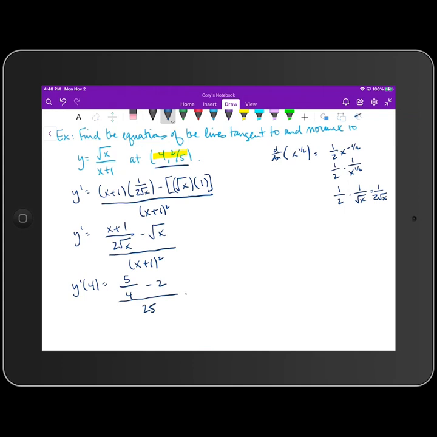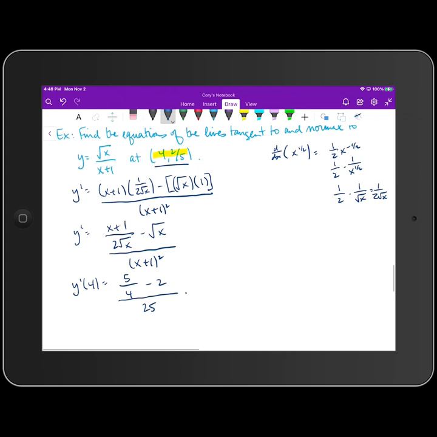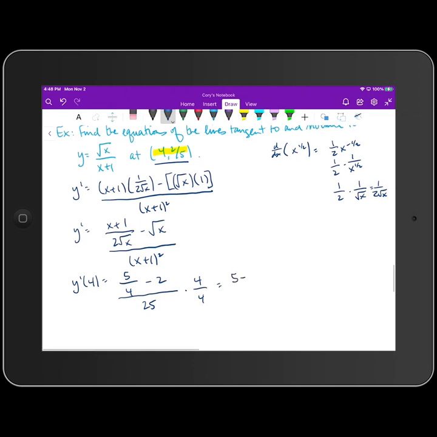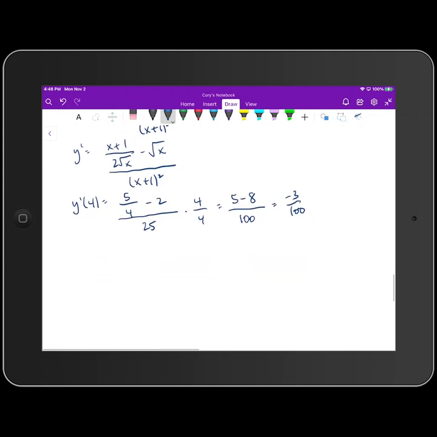So if we want to simplify that complex rational expression, we're going to multiply the numerator and denominator by 4. And then when I distribute in the numerator, 4 times 5 over 4 is 5, minus 2 times 4, which is 8, all over 25 times 4, which is 100. So that makes y prime equal to negative 3 over 100, which makes the slope of the tangent line negative 3 over 100.